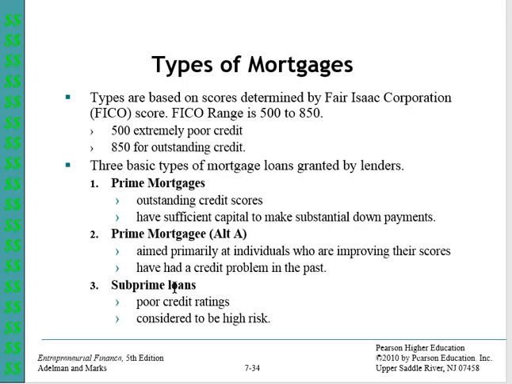A subprime loan is for folks that have poor credit ratings or maybe just have high debt. These are considered to be high-risk types of mortgages. So the type of mortgage you get, the interest rate that you ultimately have to pay, primarily is based on your FICO score. So it's very important to keep track of your FICO score.